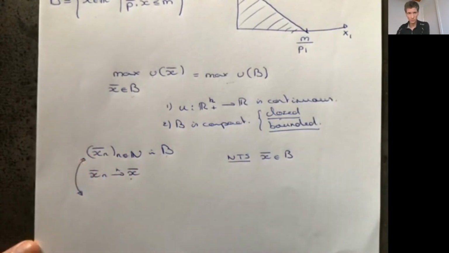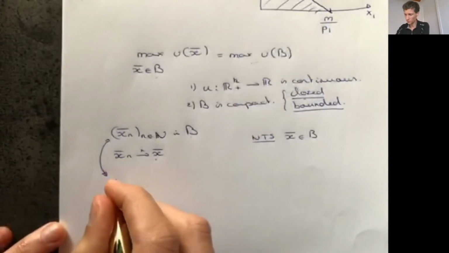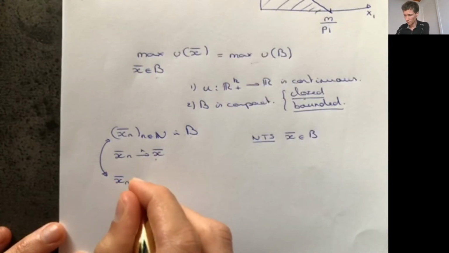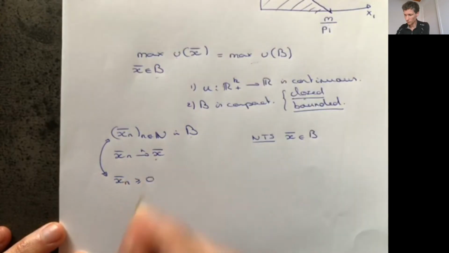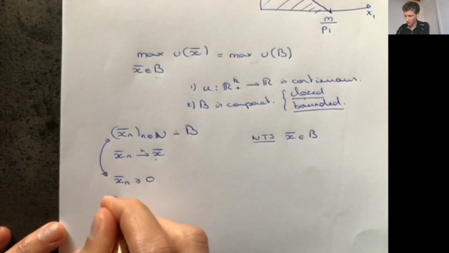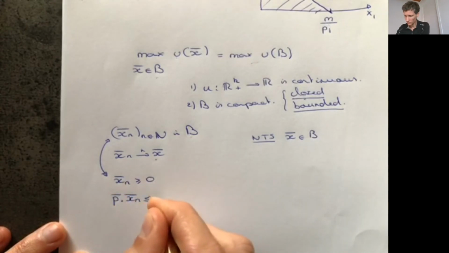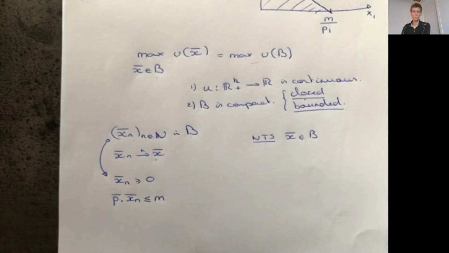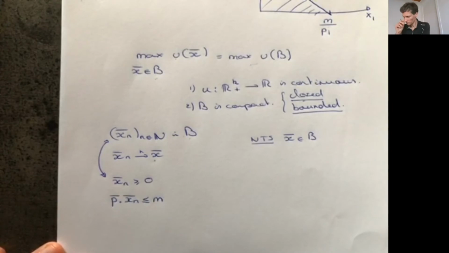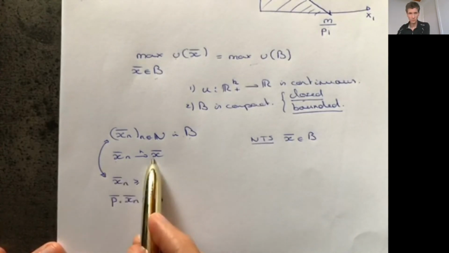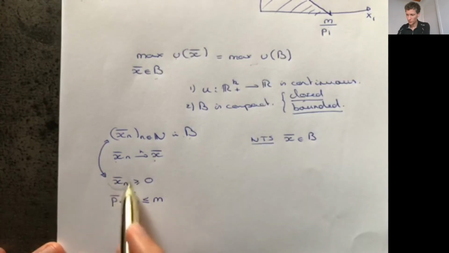Well, this is equivalent to saying, just look at the definition of B, right? Every bundle in the sequence should be greater or equal to 0. And if we multiply p times x_n, then this should be lower or equal to the income. Okay. And this sequence of bundles converges to x. So what do we have here? Here we have a sequence of vectors.